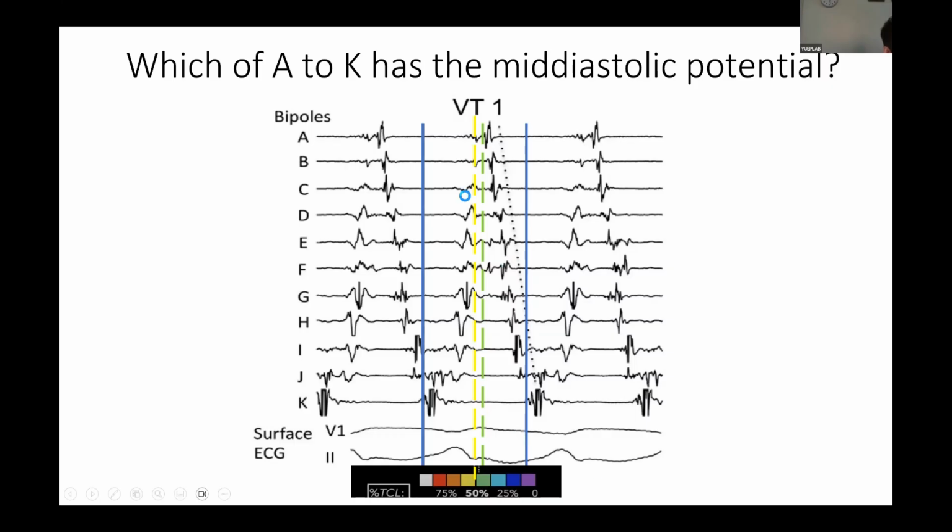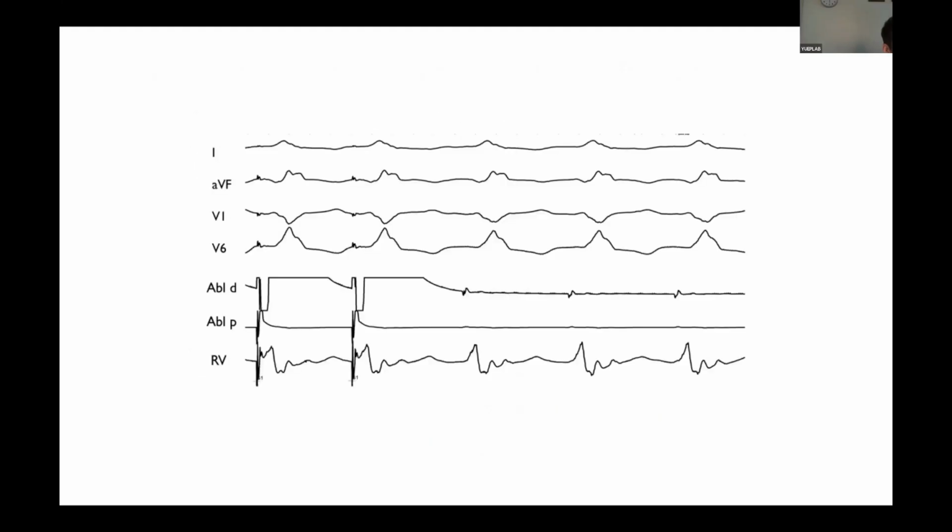Even if you are pacing at this electrogram, actually this electrogram is the true diastolic component rather than this one. And so therefore, when you do the entrainment, you need to look at the location of the EGM. Just some examples that I would like to show.